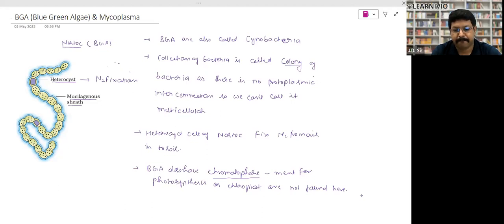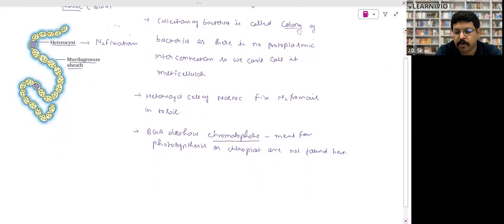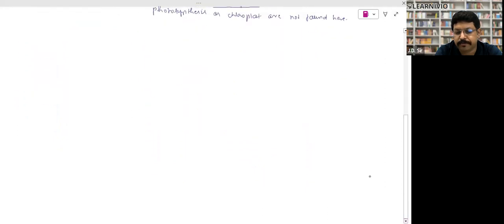Good answer. Okay. So last but not the least, that comes under the Monera. That is the mycoplasma. Let me discuss it here. Mycoplasma is the smallest organism of the world, right?